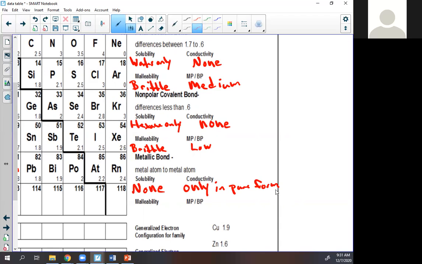The answer would be no. It doesn't even dissolve, so it doesn't make a solution anyway. They only conduct in pure form. Metals are the only ones that are malleable. If you hit your car with a hammer, it doesn't shatter, it just dents, because metals are malleable. Some of you may have composite cars, so they may crack, but those are still pretty rare. Melting point and boiling point are usually the highest.